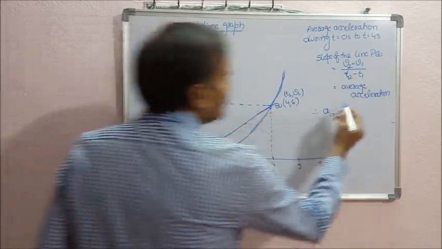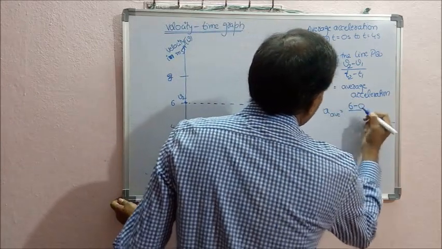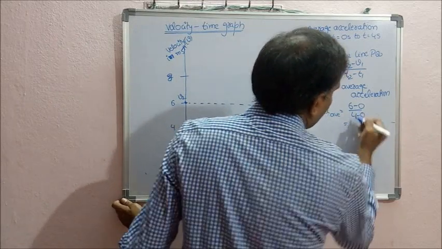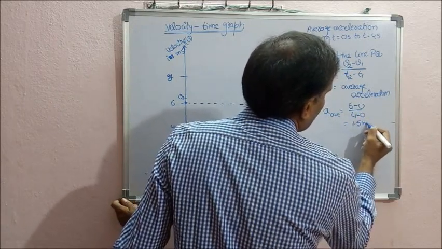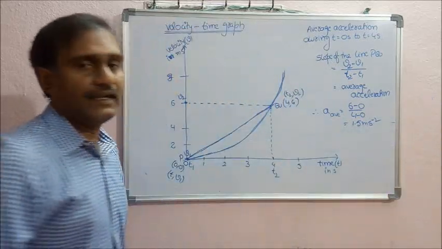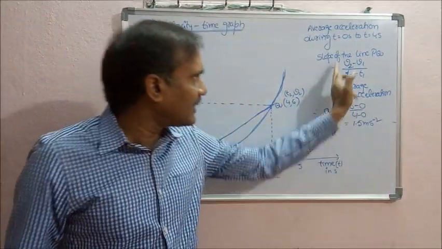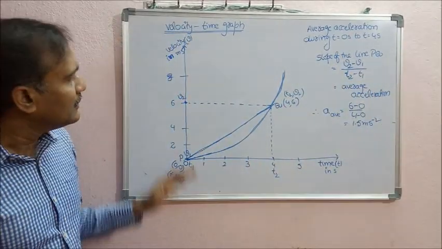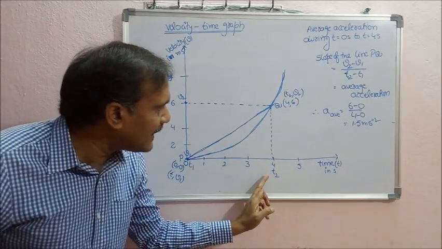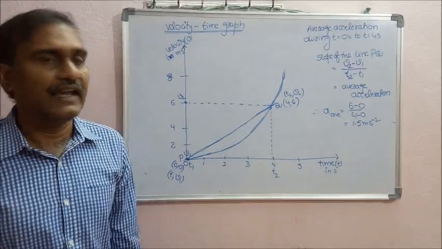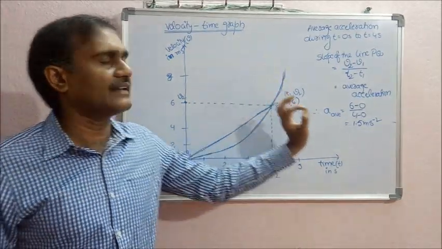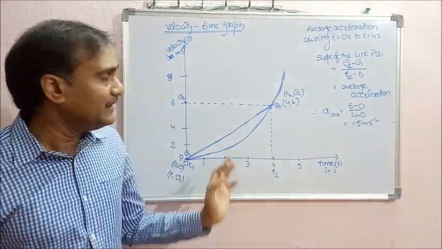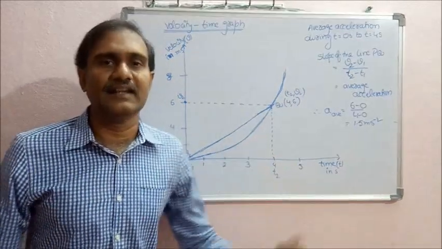V2 minus V1, 6 minus 0. T2 minus T1, 4 minus 0. 6 divided by 4, 1.5 meter per second square. Average acceleration is the slope of the line PQ. That is, the slope of the velocity time graph indicates average acceleration.